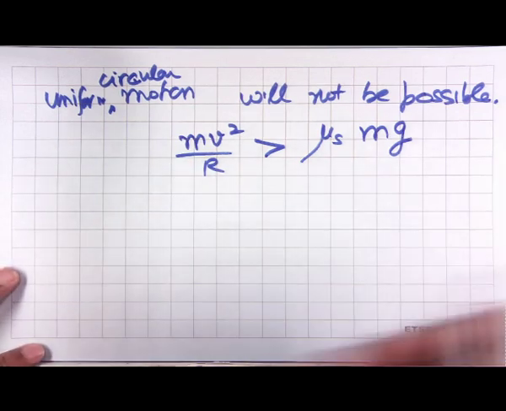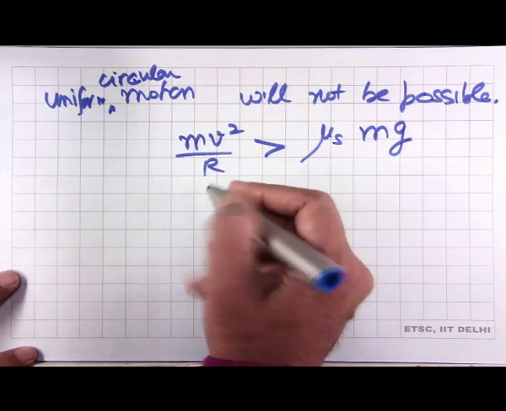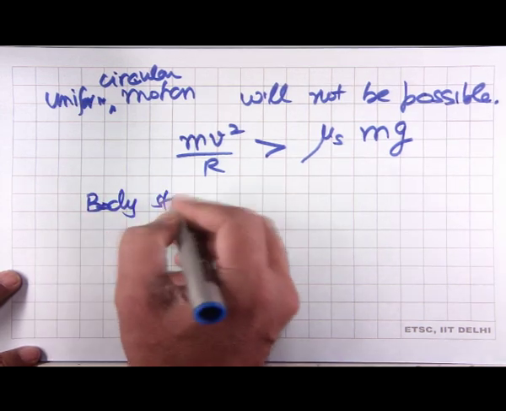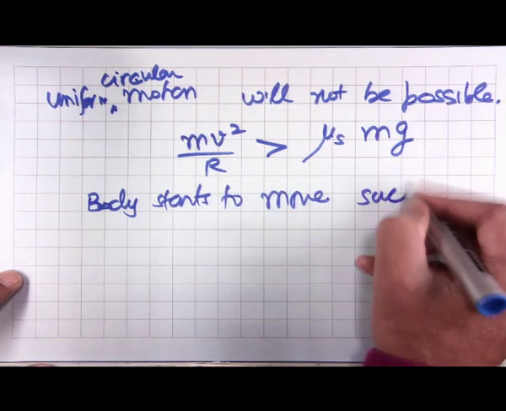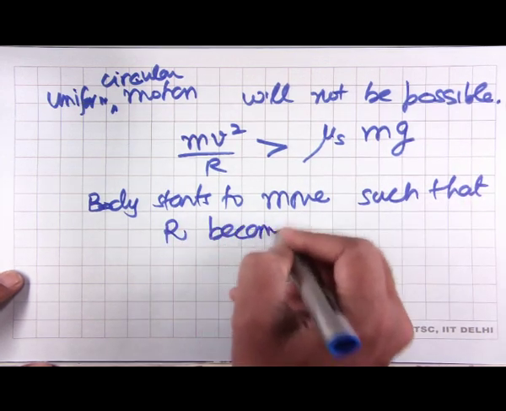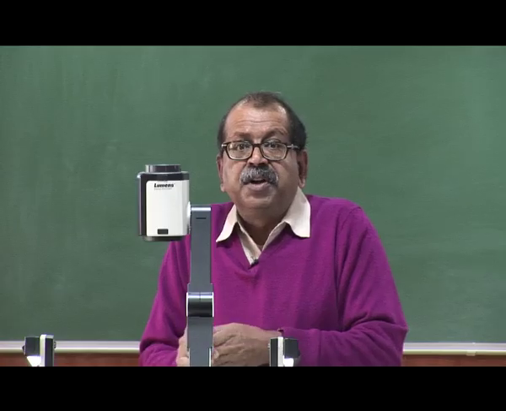So this circular motion will not be possible, and what will happen is the body starts to move such that r becomes large, because that is the only force which friction can provide.